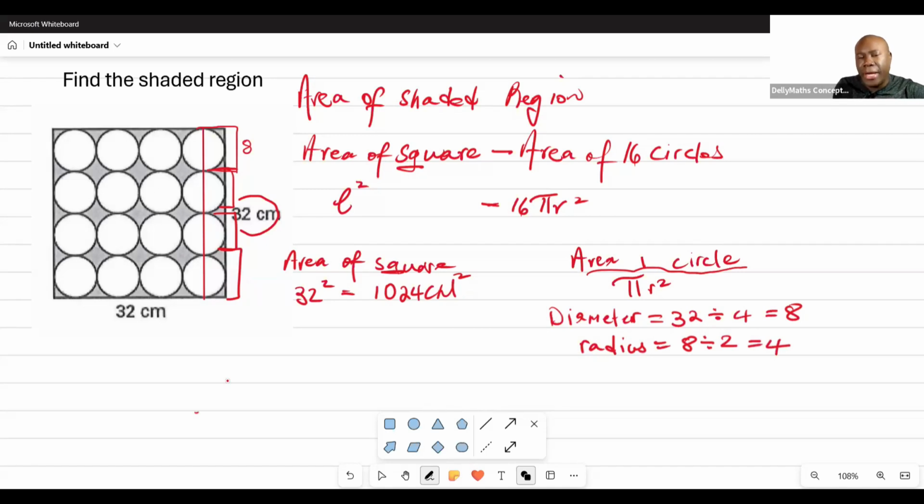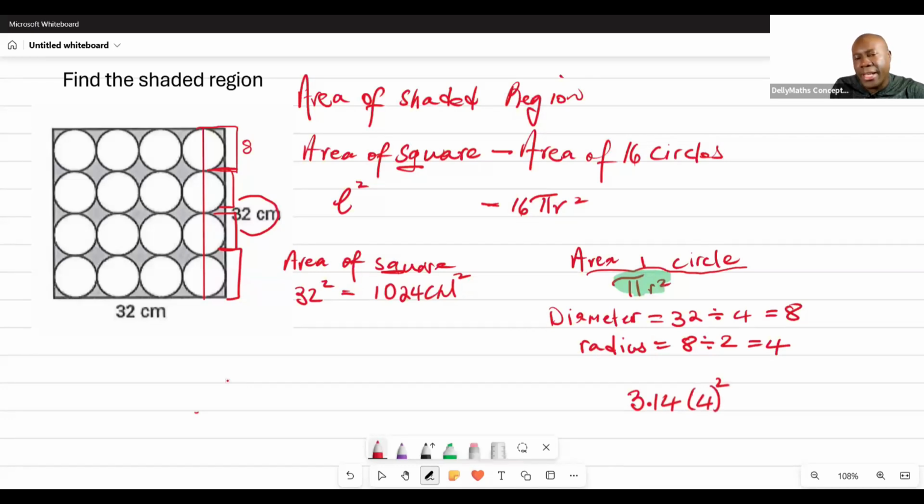So now that I have the radius, I am able to easily work out the area of the circles. We're talking about pi r squared. Pi is 3.14, I'm using that, and we're going to multiply this by r squared.